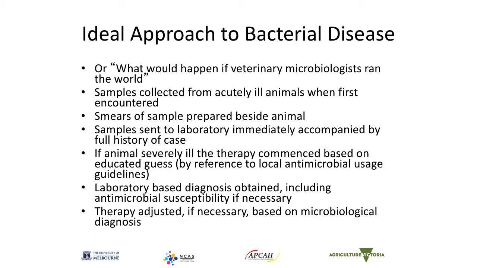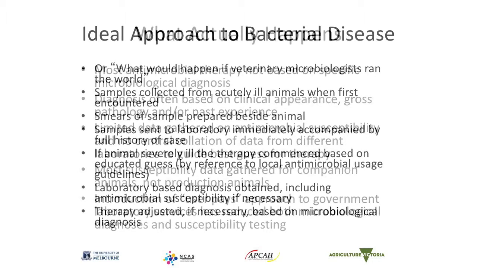And then, if the animal is severely ill, therapy is commenced based on an educated guess by referring to local antimicrobial use guidelines. Once a laboratory-based diagnosis is obtained, including antimicrobial susceptibility if it is necessary, therapy can then be adjusted, if necessary, based on that microbiological diagnosis.